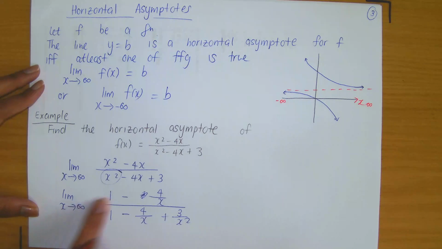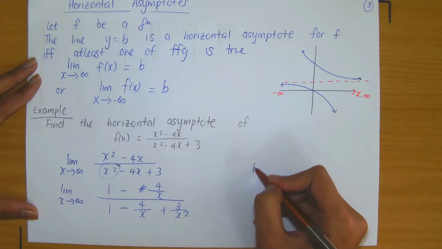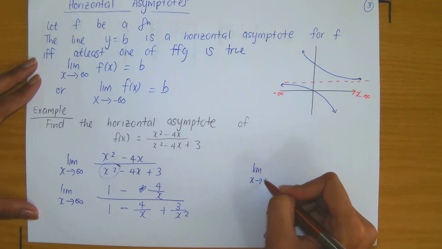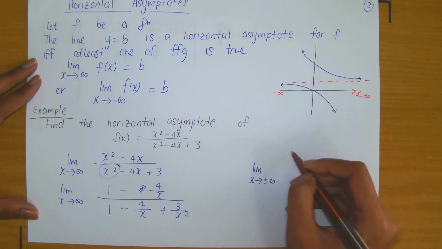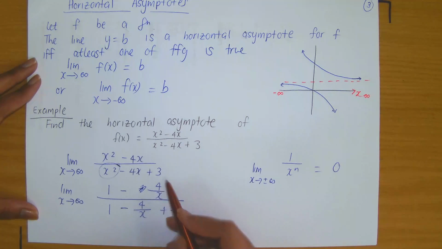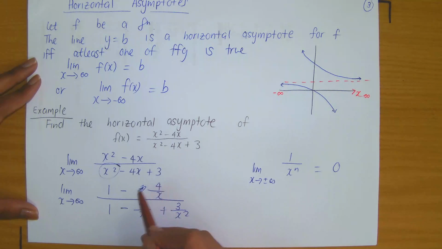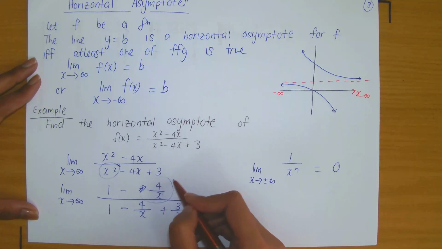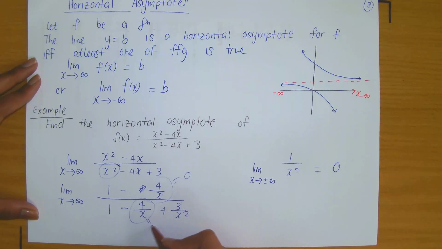I can now push this limit into each of the numerator and denominator and evaluate each of these terms. Recall our rule that the limit as x approaches positive or negative infinity of 1 over x to the n is equal to 0. And clearly we have, if I pull out the constant, 1 over x to the power 1, similarly there. And if I pull out the constant, I've got 1 over x to the power 2. So I know that the limit of these two terms are 0, and similarly of that term is 0.